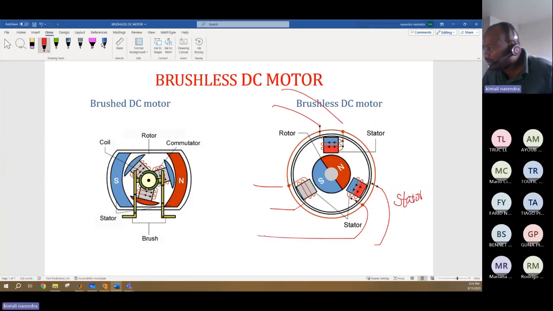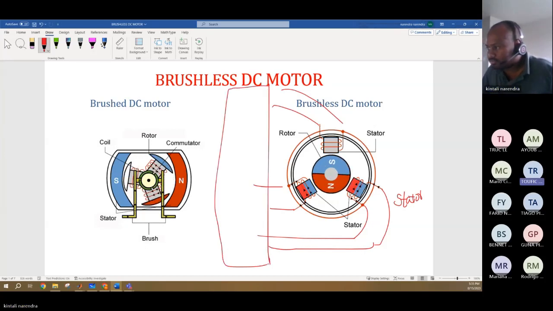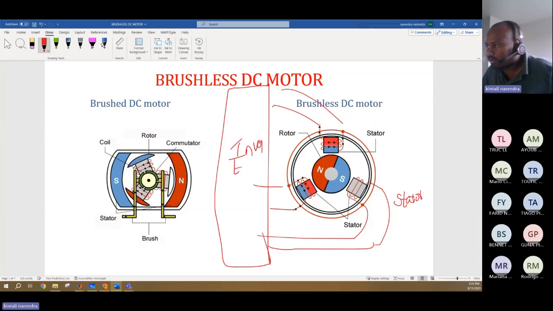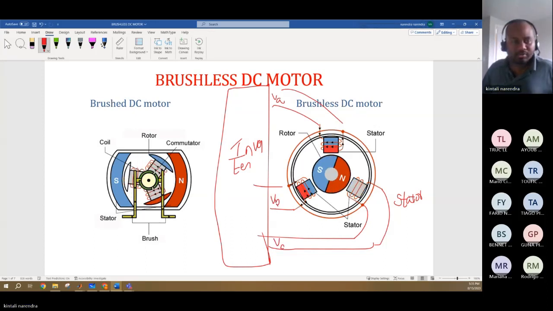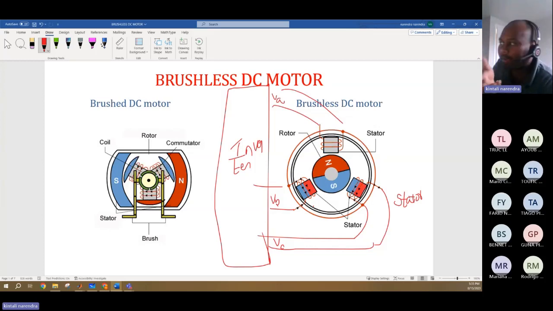To this stator, you will connect the inverter. This inverter will provide voltages VA, VB, and VC. This is a simple illustration, but just to give you an idea of what is happening.